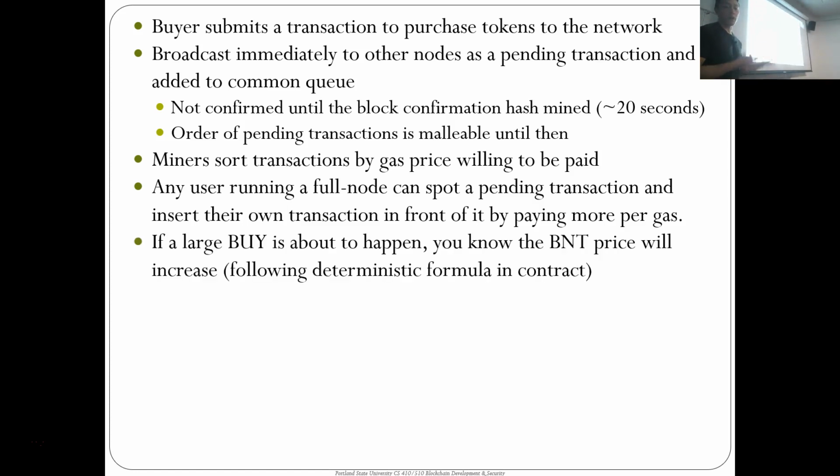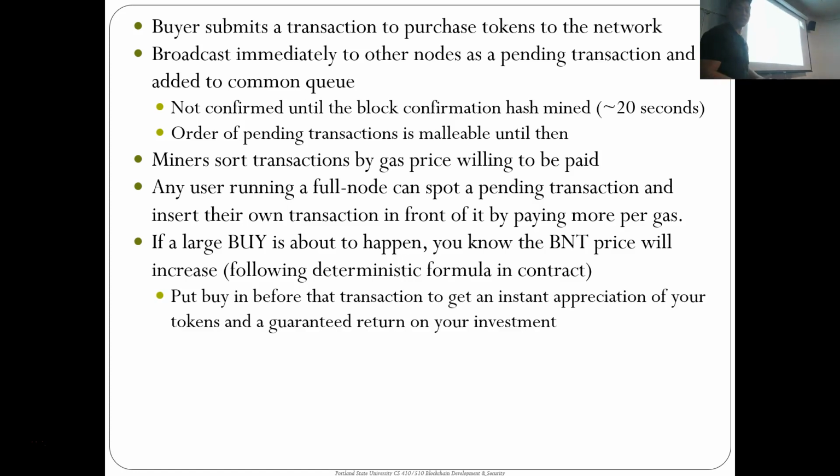If a large buy is about to happen, you know that the Bancor token price will increase, and this follows a deterministic formula in the contract. So you actually know how much money you're going to make, because it's algorithmic. You put in a buy before that transaction to get an instant appreciation on the tokens you buy ahead of time, and you're guaranteed that return.